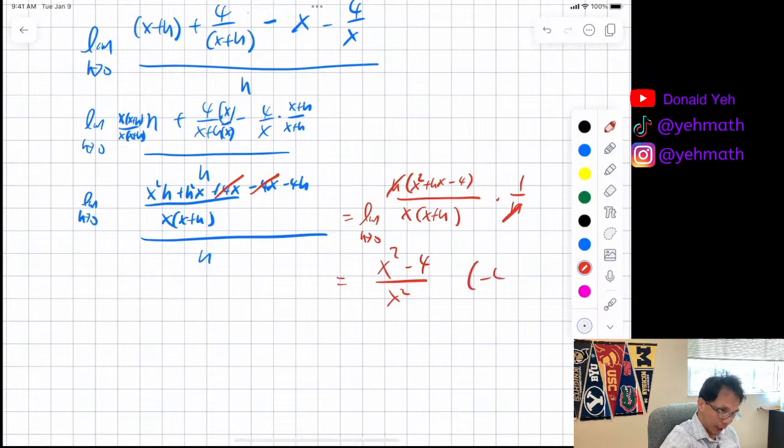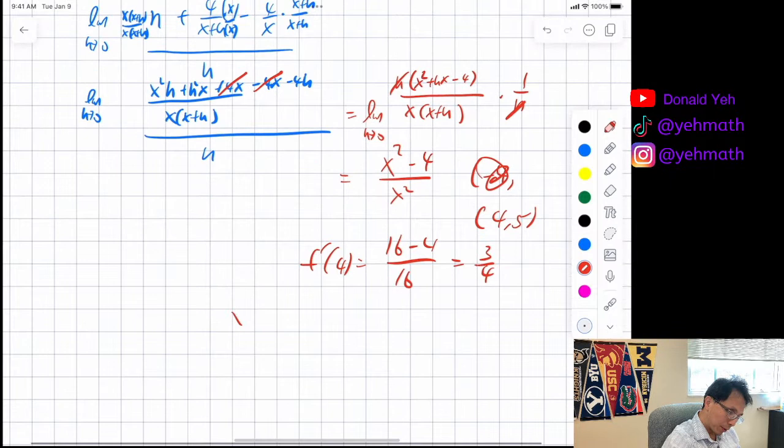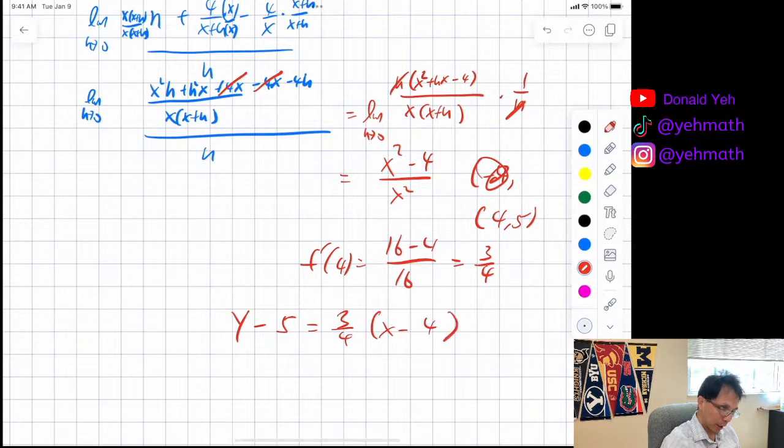So negative 4, you say it's 4 and 5, right? Yeah. So that's going to be plug in f prime of 4. So that's going to be 16 minus 4 over 16. So that's equal to 3/4. So that'll be y minus 5 equals 3 over 4 times x minus 4. I think that's what I got.